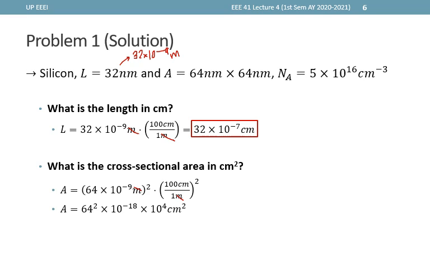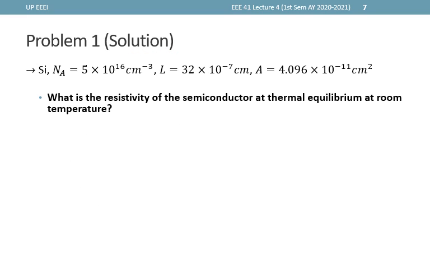So we'll actually get 4.096 times 10 raised to minus 11 centimeters squared for the area. We'll be using these two values for length and area. So we now have written the length and area in cm and cm squared respectively.